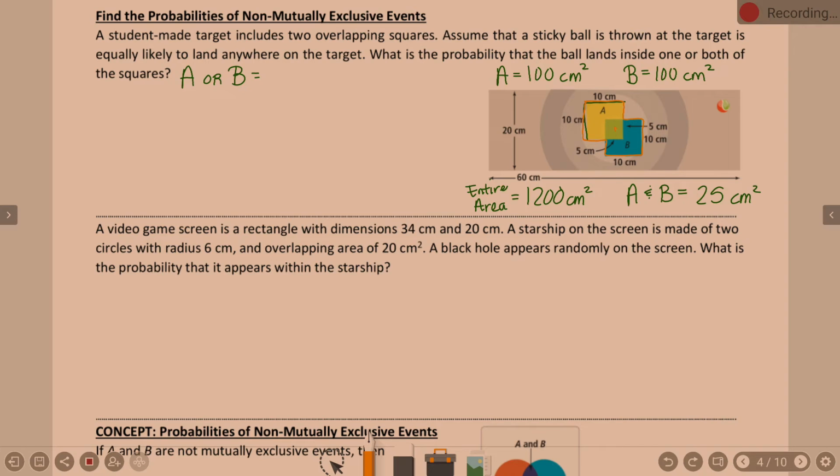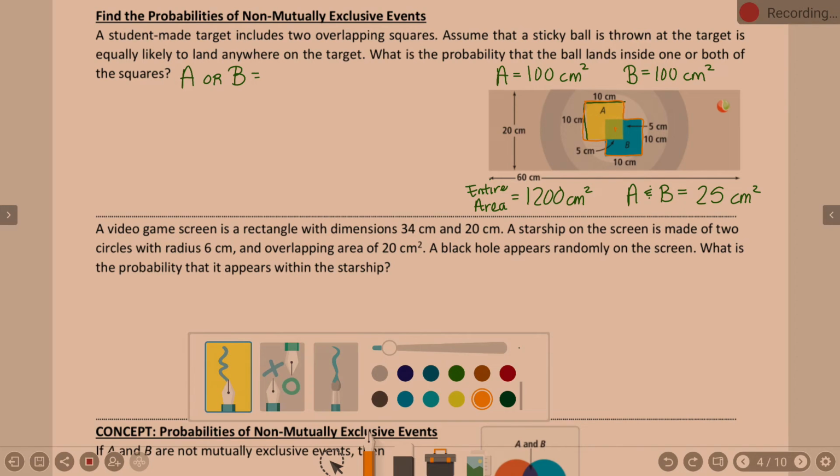Now I will say the book also showed doing just the yellow, which is 75, plus just the blue, which is 75, and then the green, which is 25. I didn't like that one as much. I thought it was easier to see the 100s. So 100 plus 100 and then minus 25.